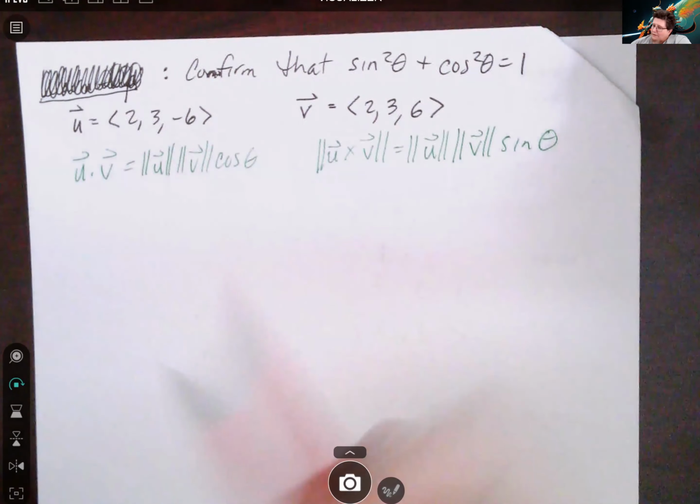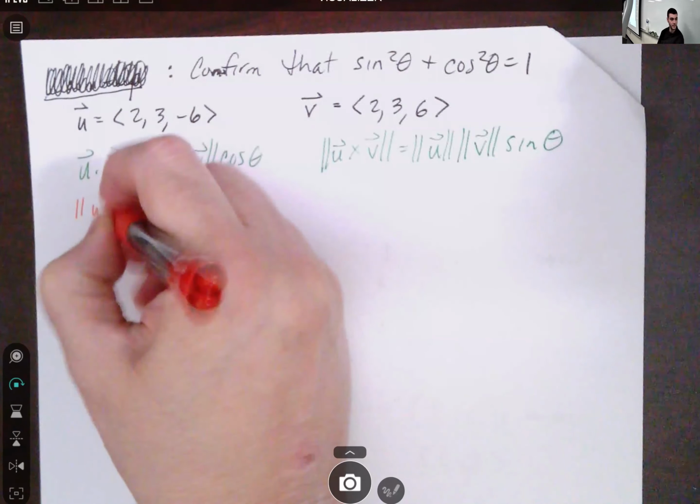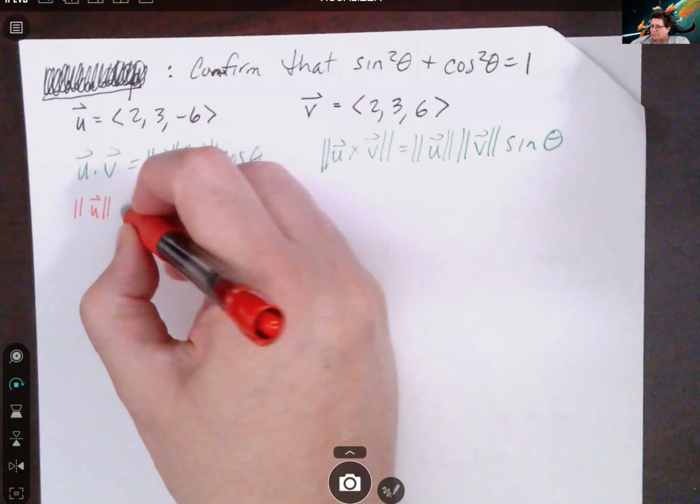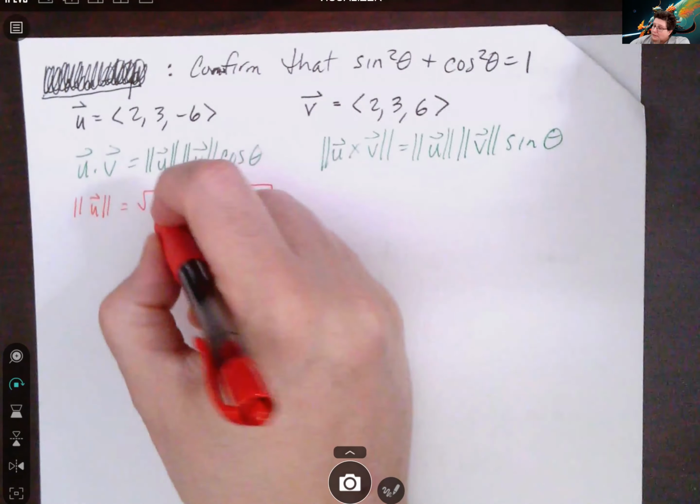All right, so what's the smart way to go about this? What's getting used more than once? We need the magnitude of U and the magnitude of V in both areas, so maybe we should find those first and not do them more than once.